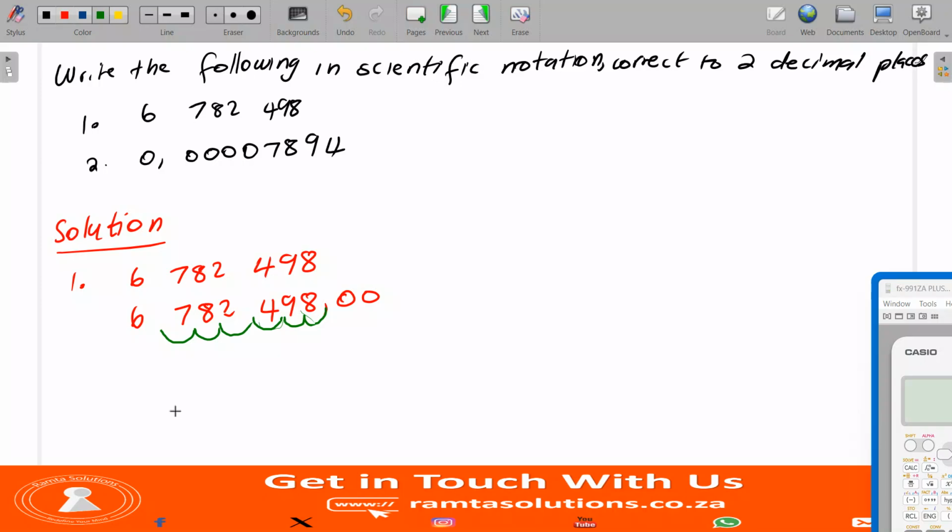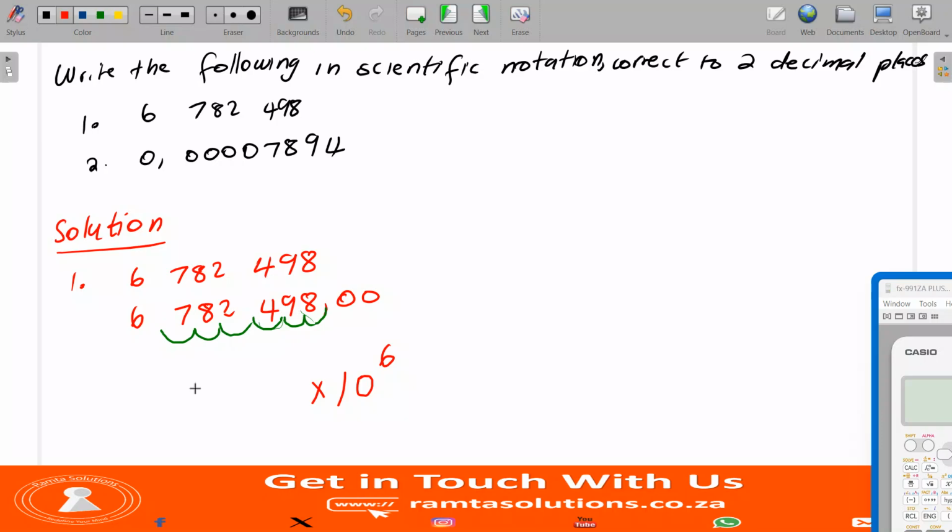Remember, correct to 2 decimal places. We have moved 6 places, so this means this number must be 10 to the 6. However, we stop here. Our comma is no longer here, but rather here.